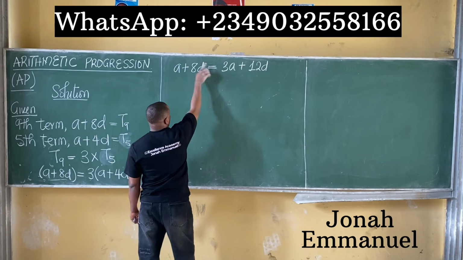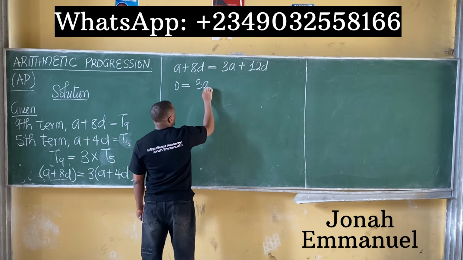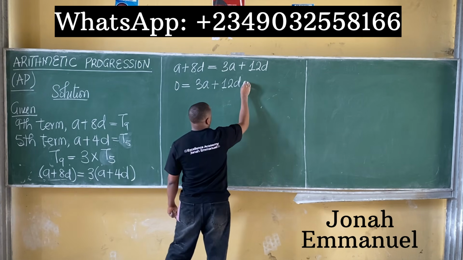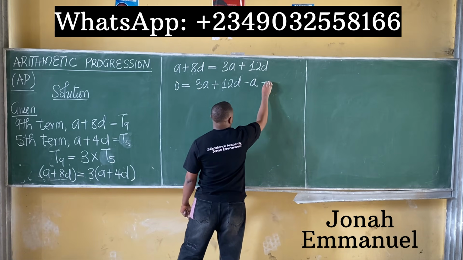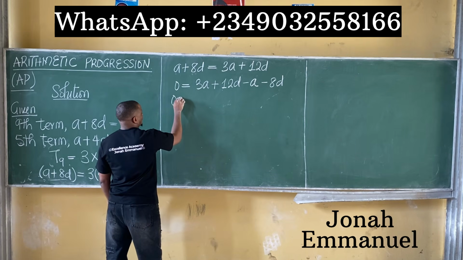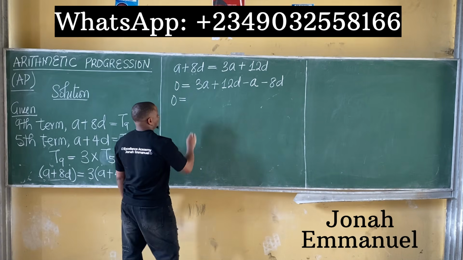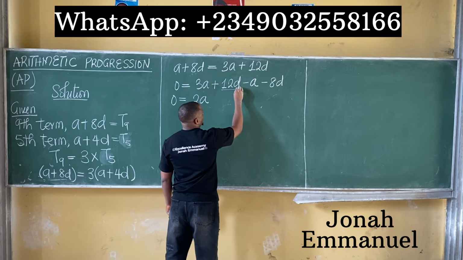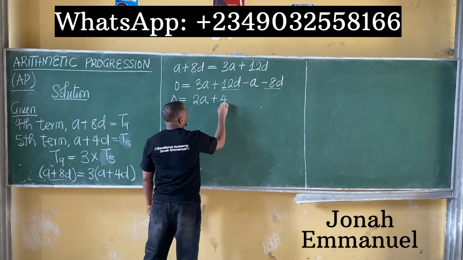So this becomes 0 is equal to 3A plus 12D, and A comes over becoming minus A, and 8D becoming minus 8D. Let's collect like terms. 0 is equal to 3A minus A, which gives 2A, then 12D minus 8D gives plus 4D.